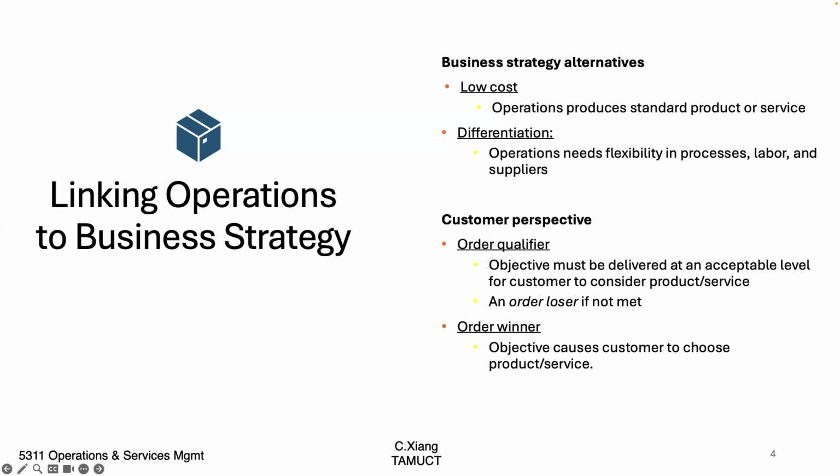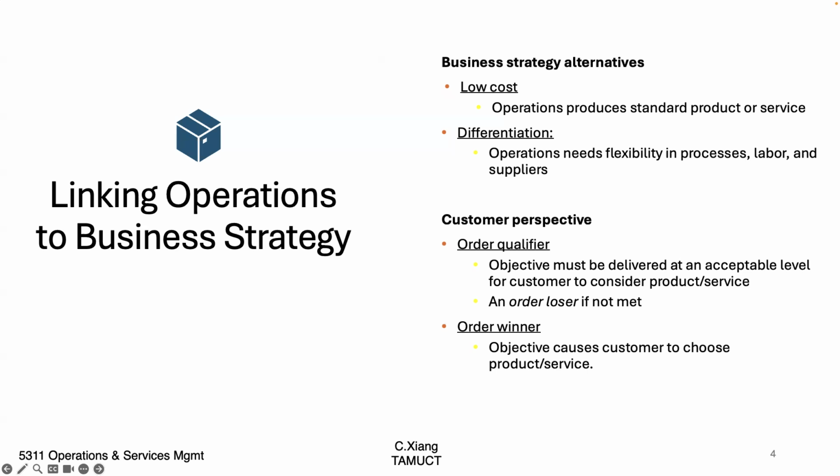This framework helps connect the big-picture strategy, whether corporate or business strategy, to what operations can and must deliver. For example, in a Walmart-style model, cost must be the order winner, while quality and delivery reliability function as order qualifiers.